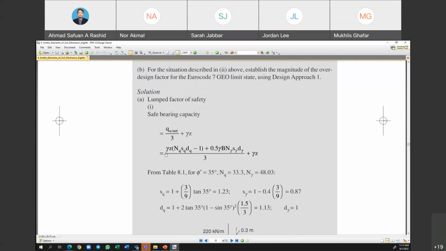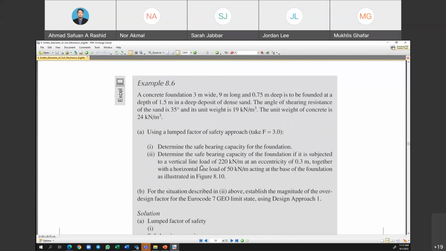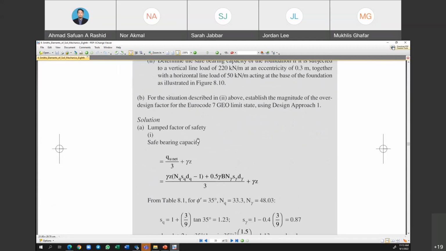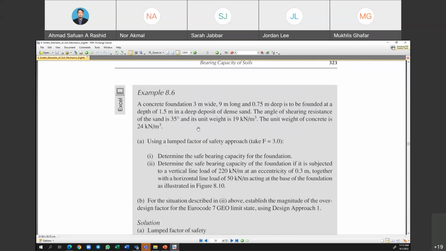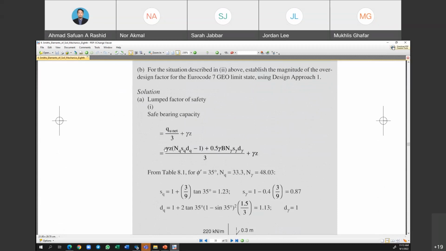There is no NC because there is no C value. Because it is sand, there is no NC, so there is no sub equation number 1.